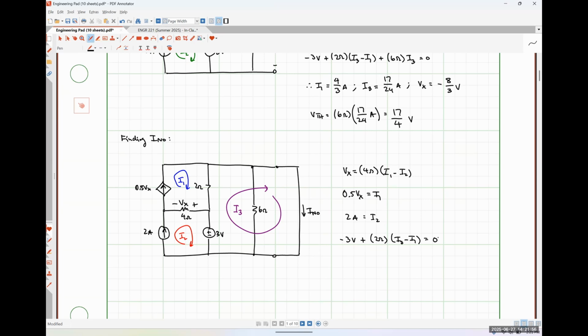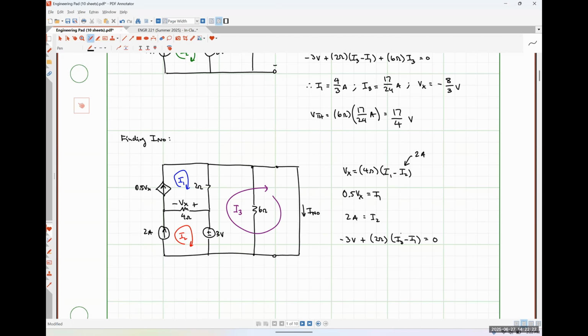The only thing that I need to actually change, so my first equation is going to be exactly the same because I'm just substituting in that 2 amps again for I2. My second equation is completely unchanged. My third equation, my coefficient for I3 is now just going to be plus 2. And then everything else is the same.